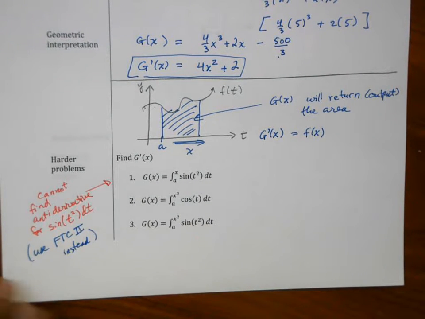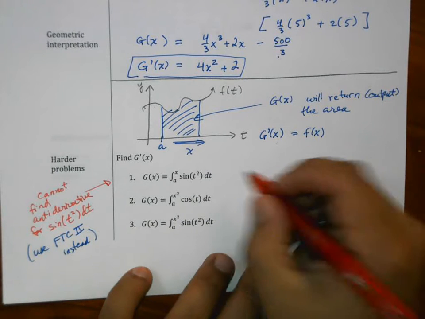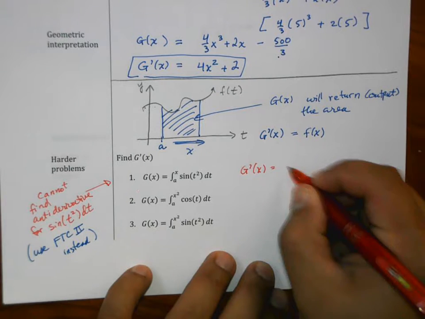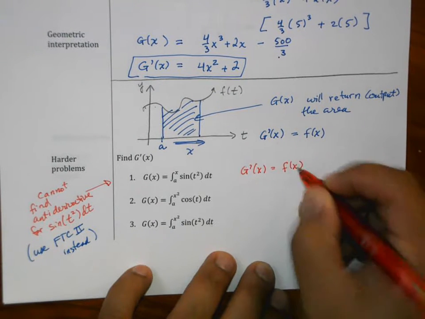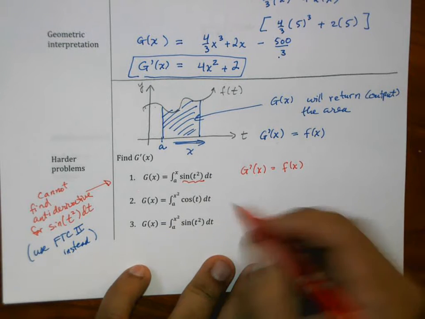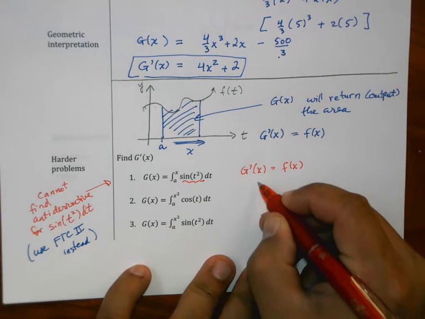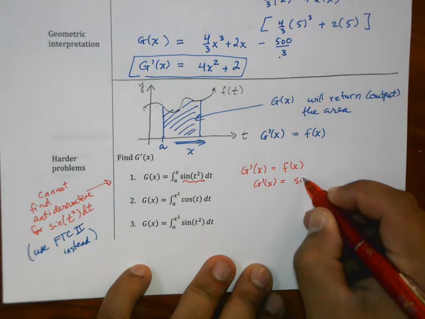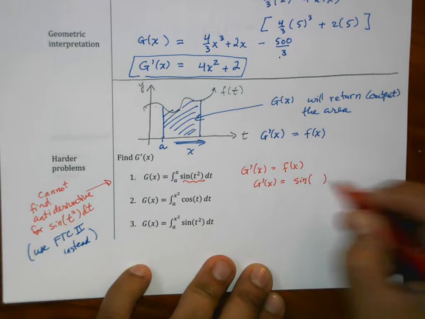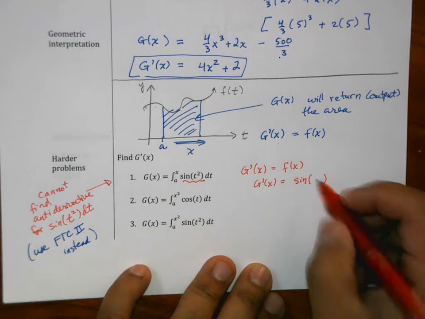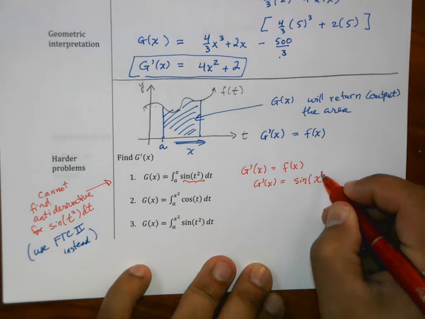And using that second part, it tells us that g prime is simply f of x, where this function in here, the integrand, is f. Well, so that means g prime then must be the sine of, and we can just replace t with x, sine of x squared.